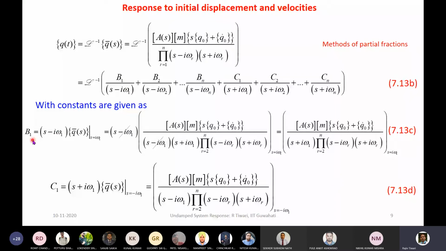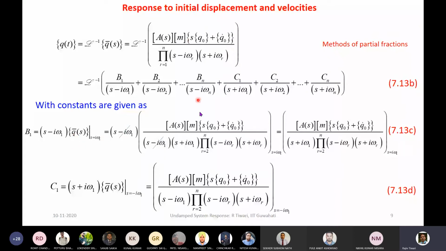So here, if you want to obtain B1, Q(s) is as it is, the whole thing, multiplied by (s minus i omega 1). Whatever the denominator is, we multiply with that, and we put s equal to i omega 1 in this.